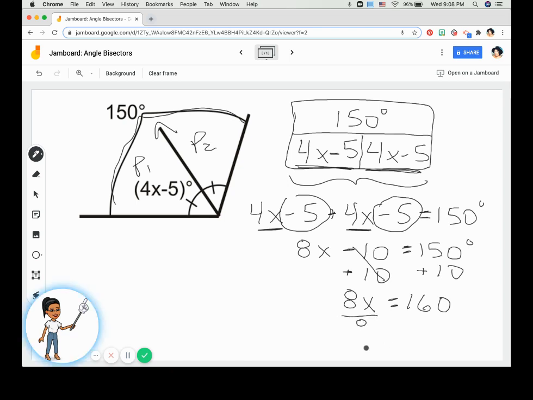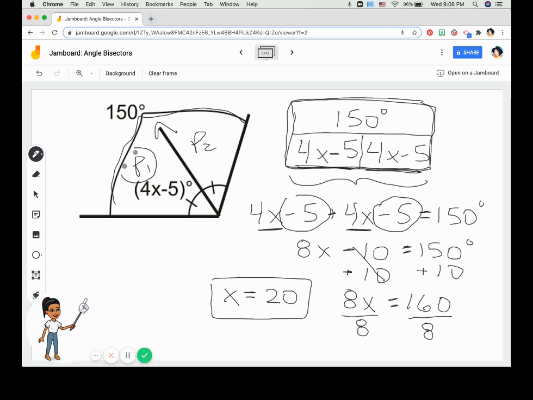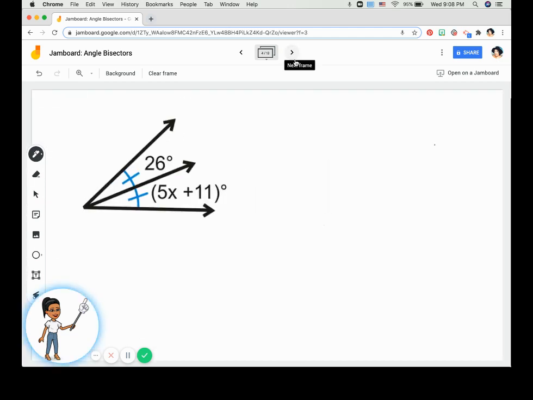Divide both sides by 8 to get x is equal to 20. And so for solving for x, we're just using this relationship that this part plus this part is equal to the whole part. And we're going to see a couple more examples that have to do with that.